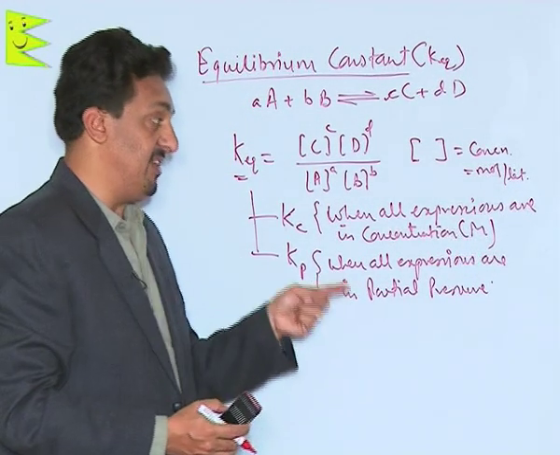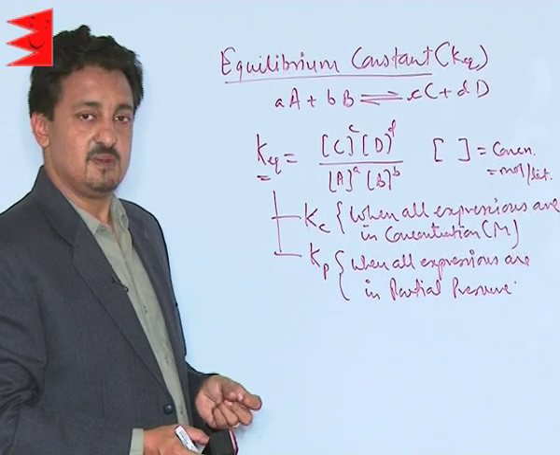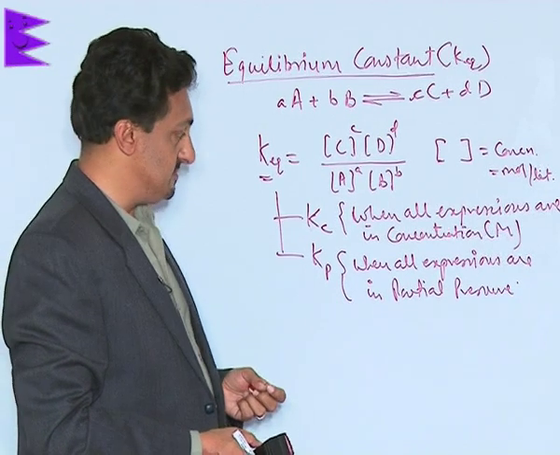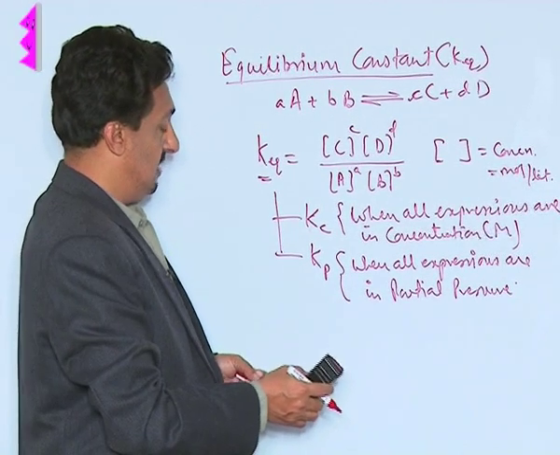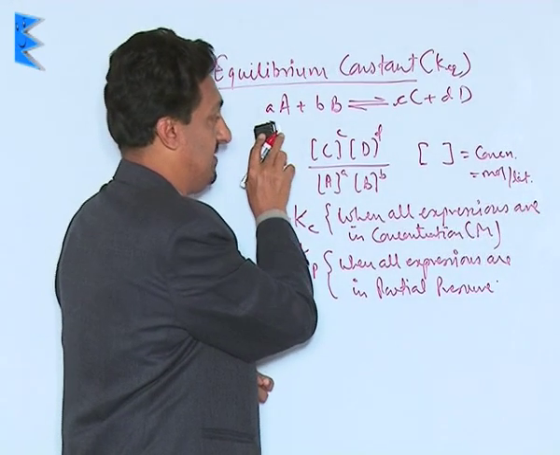We use partial pressure when the reactants or the products are gaseous in nature. Then we use this kind of equilibrium. Let me explain this to you with the help of an example.